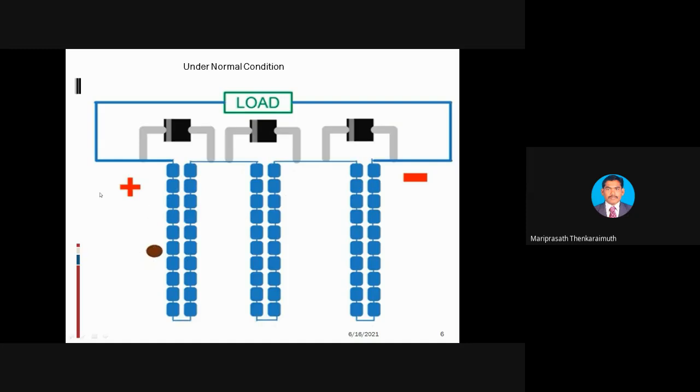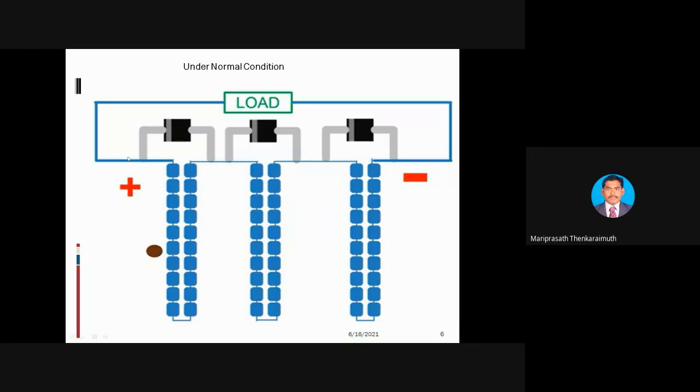Under normal conditions, solar PV cells receive irradiation from the sun. According to the irradiation, they generate electrical energy. So how do the electrons flow? Please follow my cursor. Once it receives irradiation, according to the intensity of the irradiation, the electrons flow.